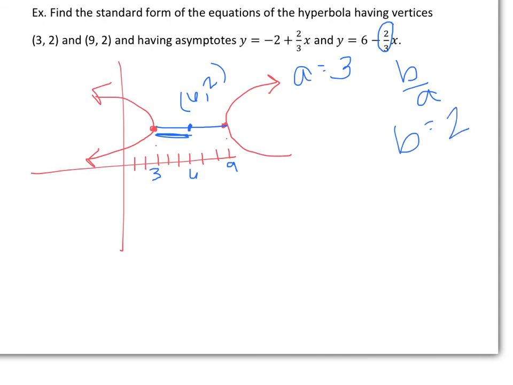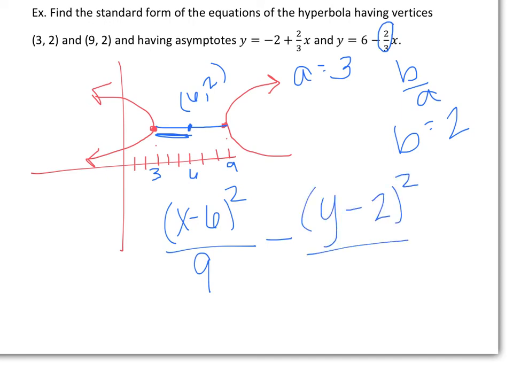And now I can put it in standard form. It's left and right. It's going to start with x minus 6, quantity squared, over, I want it to always be over a squared, minus y minus k, quantity squared, I always want this to be over b squared, equals 1. We didn't have to dissect all of that to get the information, just what we needed.